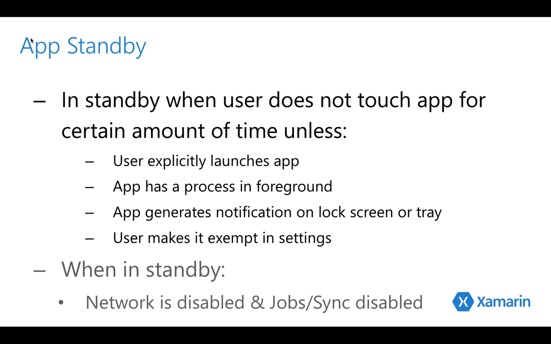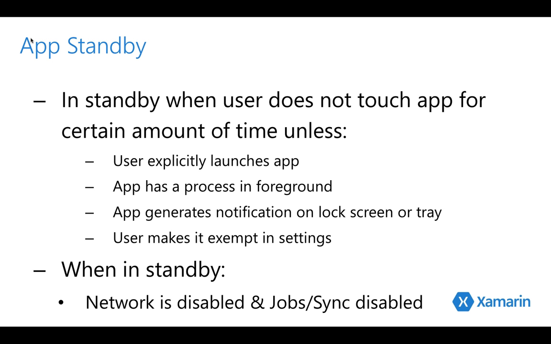Now, App Standby is a little bit different. Essentially, I haven't figured out exactly when App Standby will turn on. But what it's saying is when Android detects that your app is sitting there open and the user has not touched it. I actually do this quite often.